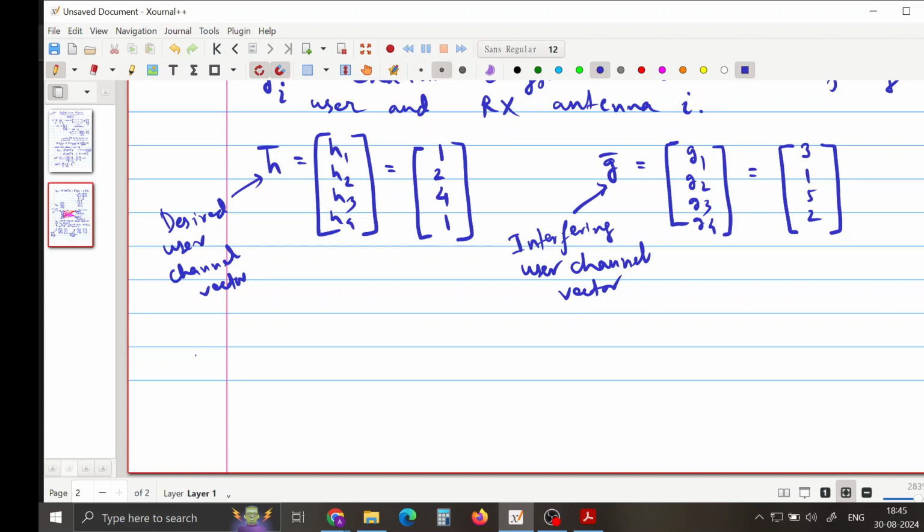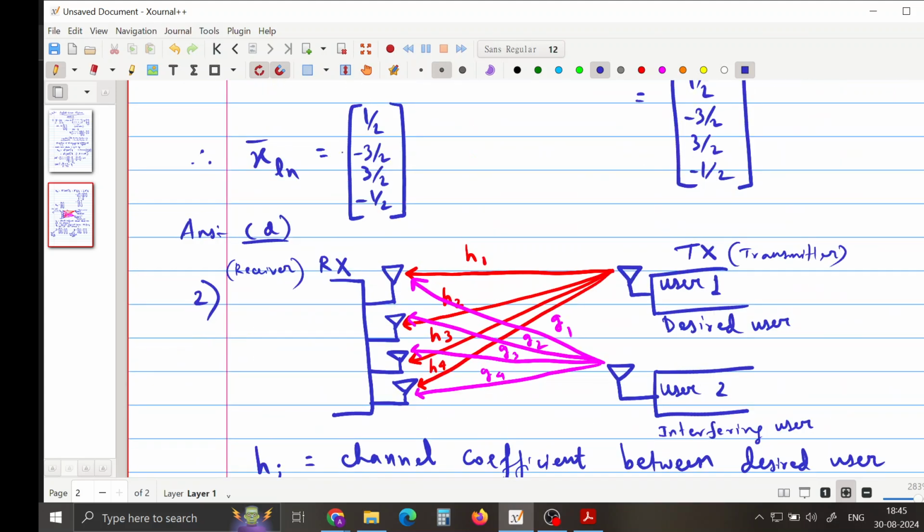And as I said, we are asked to find the optimal beamformer. A beamformer will try to form a beam which is directed more towards the desired user, which is user 1 in our case, like this green, and it will try to suppress the gain for the second user, which is the interferer.